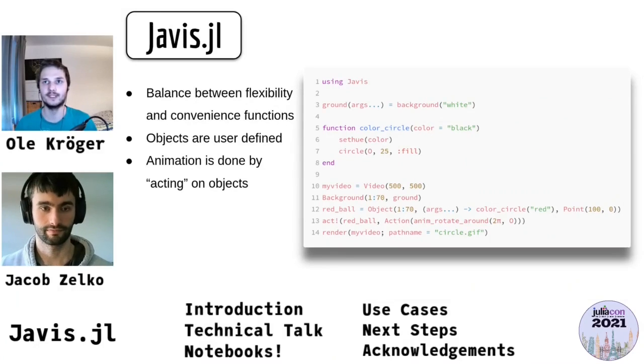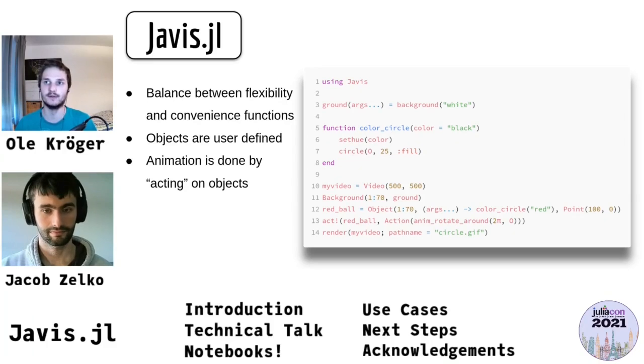So let's talk a little bit more about Javis. It provides a balance between flexibility and convenience functions. So we have the flexibility to provide frames for each object and the convenience functions of things like a circle in line 7.